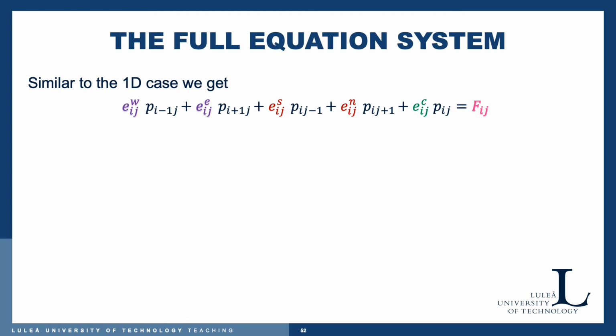So similar to the 1D case, we get a finite difference stencil for i and j, and we can express it in terms of these coefficient functions east, west, south, north, and the central one. So that's the left hand side, and the right hand side is just F ij.